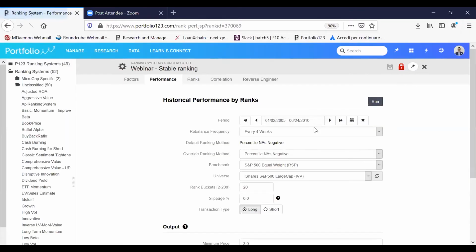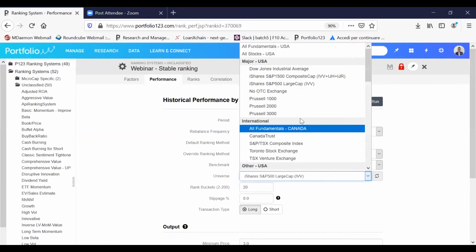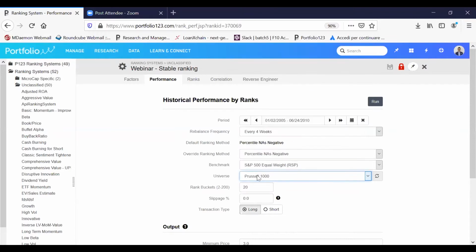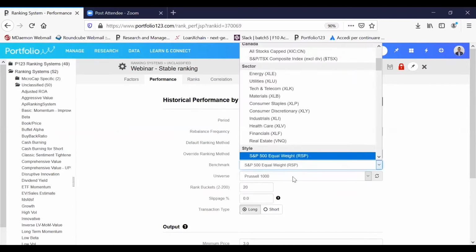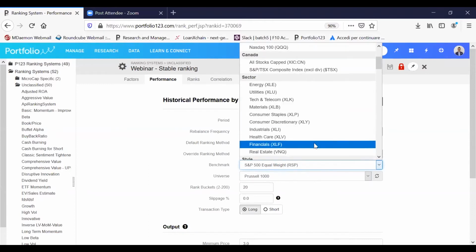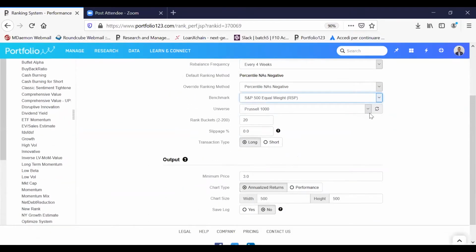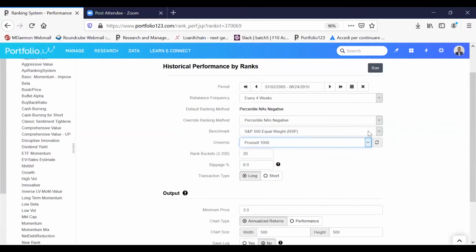So we can already tell that it's not working very well for large caps. It's going to perform a bit better if we include also mid cap or small caps, and probably that's where we are going further in the test.